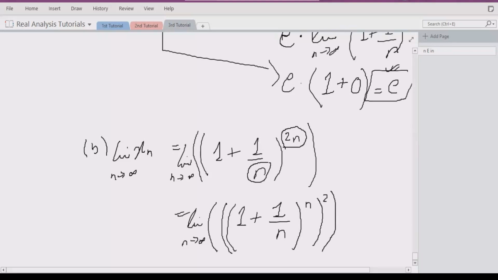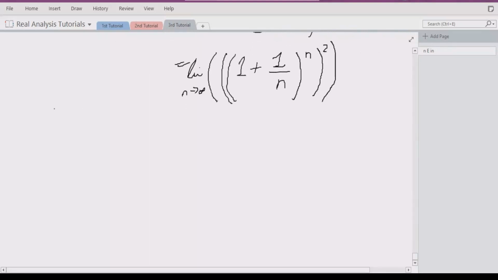In the next step, we take the limit inside the power, which can be written like that.